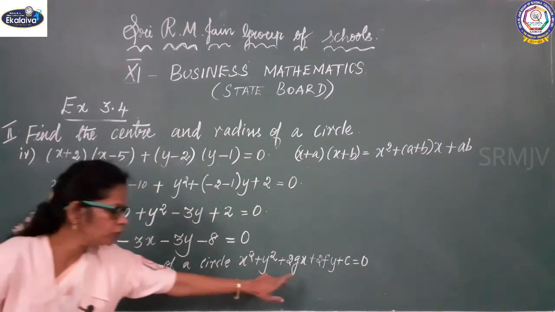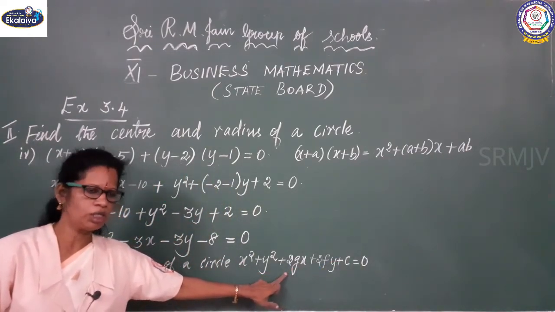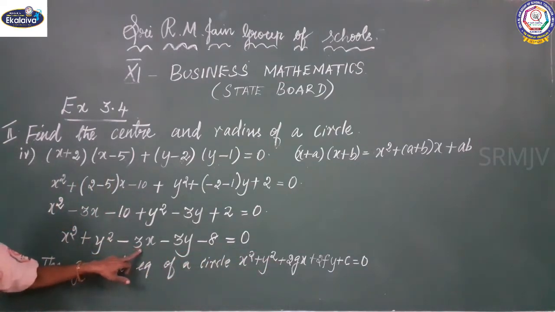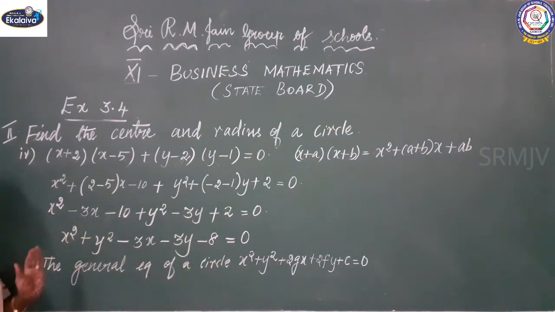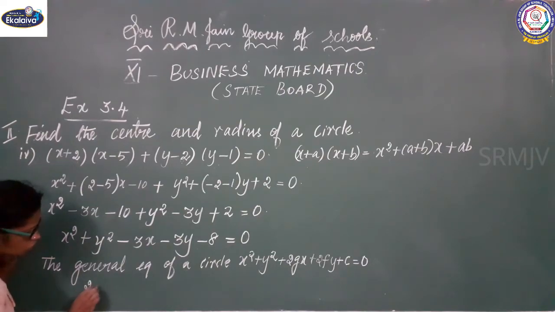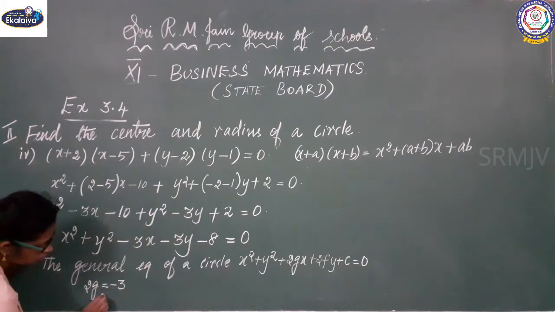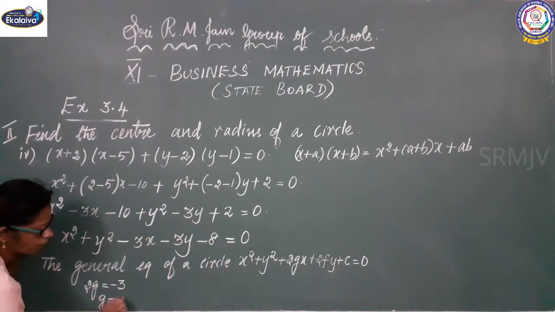Now, what is the coefficient of x in general? 2g. What is the coefficient of x here? Minus 3. You are going to equate 2g = -3, then g = -3/2.